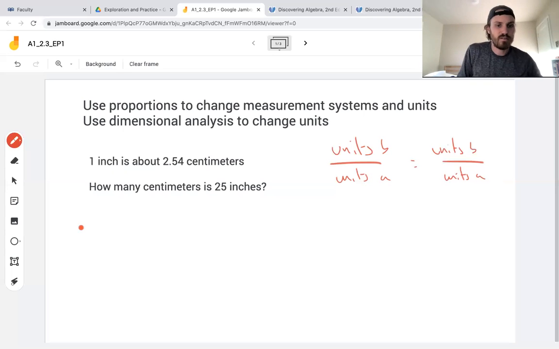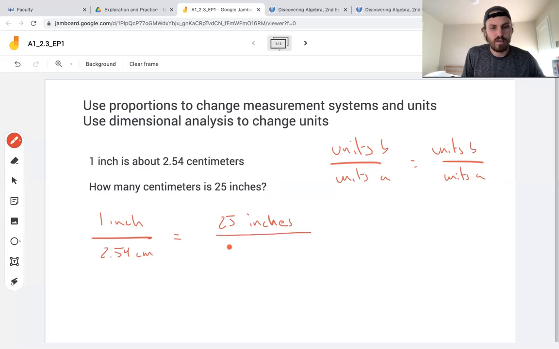So for instance, since I know that 1 inch is equal to 2.54 centimeters, I can write a proportion and say, I've got 25 inches, and I want that to be how many centimeters? Okay, so just writing a proportion, and then I can solve it in the normal way.